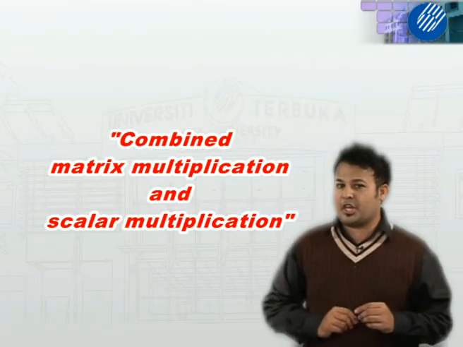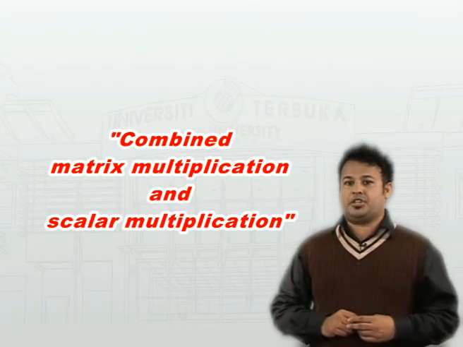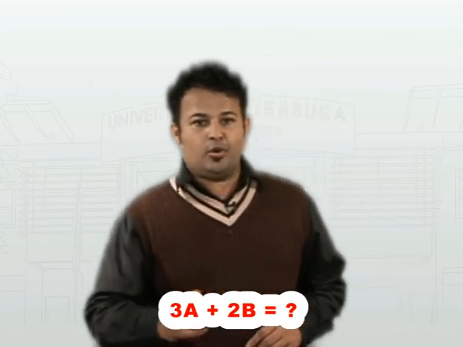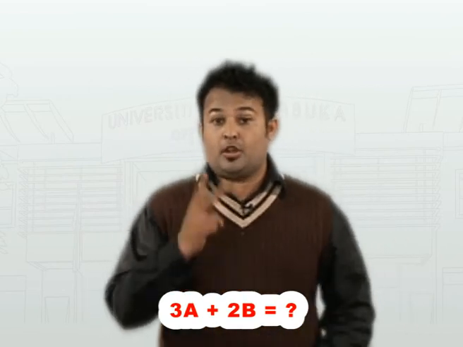The final question to be discussed in this session combines scalar multiplication and matrix multiplication. Find the value of 3A times 2B. So after performing scalar multiplication, we can perform matrix multiplication.